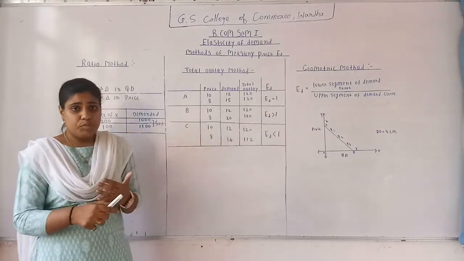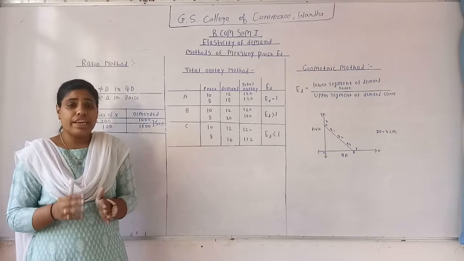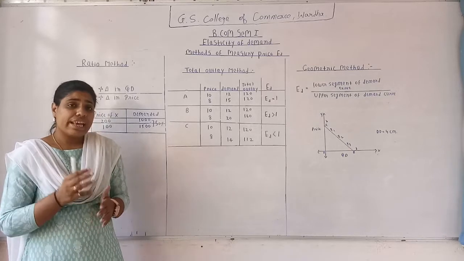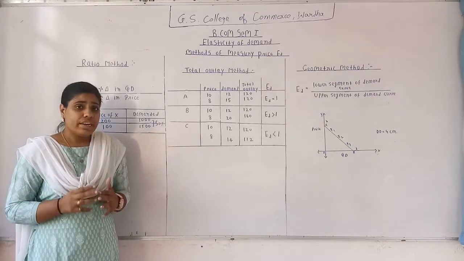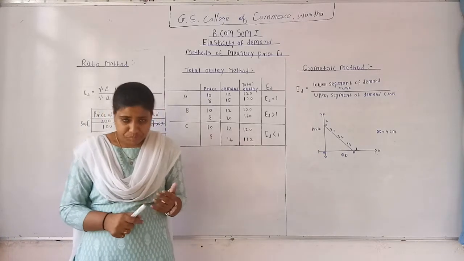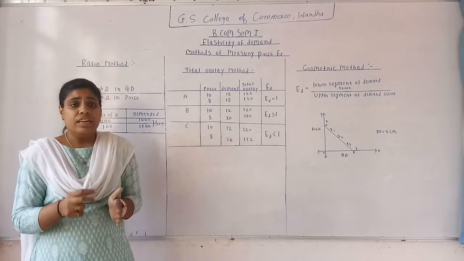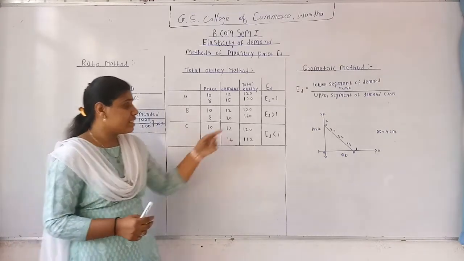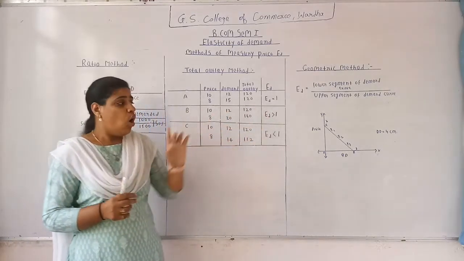Here the change in total outlay or total expenditure due to change in price is taken into consideration for calculating elasticity of demand. If due to change in price the total expenditure increases, then elasticity of demand will be greater than 1.